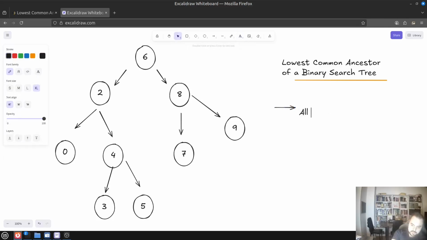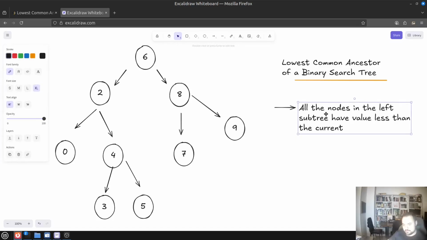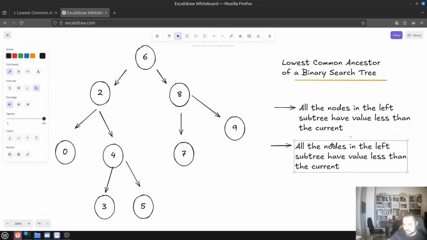So let's write it down. All the nodes in the left subtree have value less than the current, and the same goes for the right subtree.